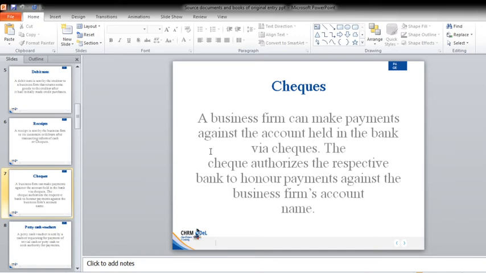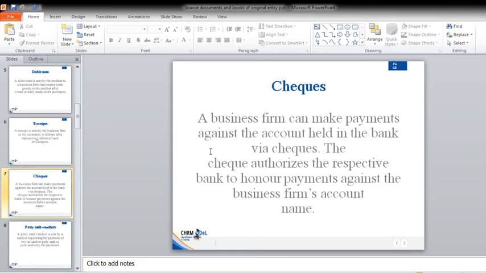That particular check will be taken to the bank to be honored for those payments to be effective. You will find that those checks can only be honored if certain conditions are fulfilled, like the person who is paying the money has sufficient money in his or her bank account to pay that amount.